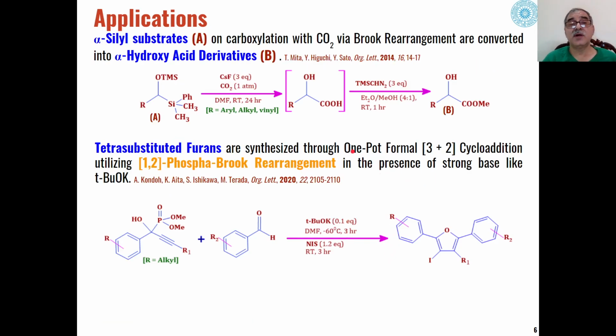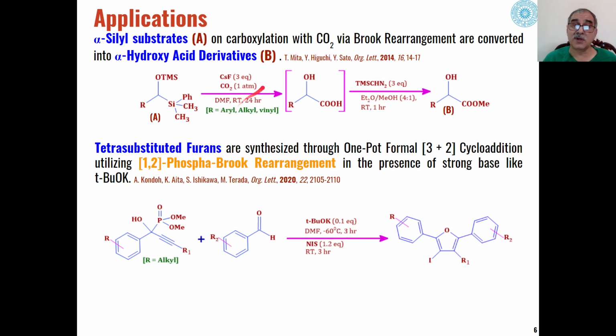Then some applications of Brook rearrangement. These types of substituted alpha silyl substrates undergo Brook rearrangement involving carboxylation in presence of carbon dioxide.